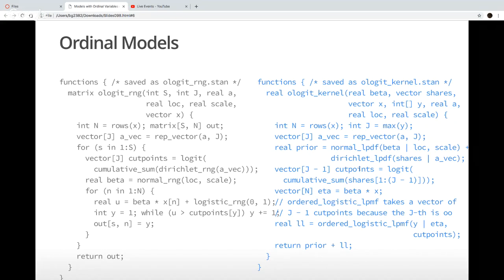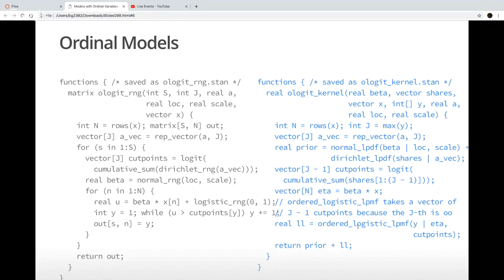So that accounts for our prior. We do a similar sort of thing to make the cut points. So we have the shares, we cumulative sum, and then we apply the logit transformation to use the inverse CDF of the logistic distribution. There's a bit of a quirk here, in that the ordered logistic LPMF in Stan, which we use for the log likelihood, takes a vector of J minus 1 cut points.